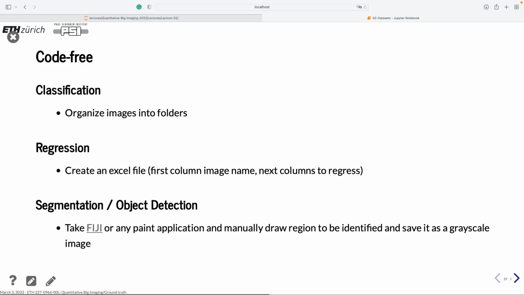You can do tables where you have an Excel file where you just list the image name and then some information that you want to tell about this image. Then you can work in different drawing or painting programs to actually draw the regions that you want to mark up. And by my own experience, this is really, really time consuming.